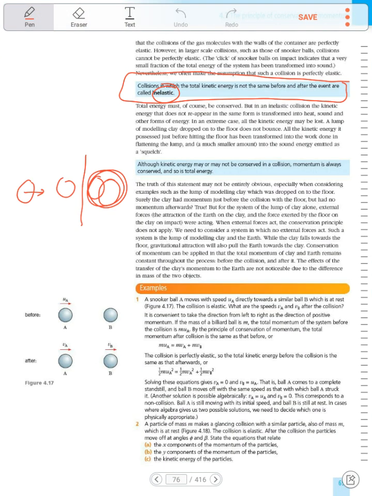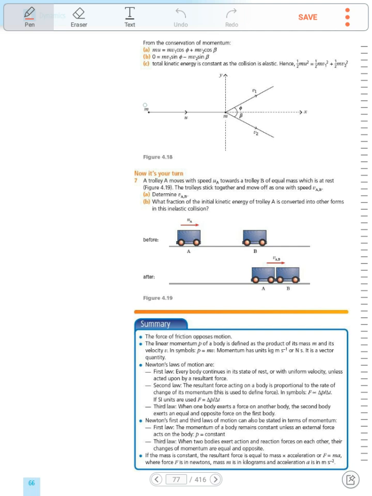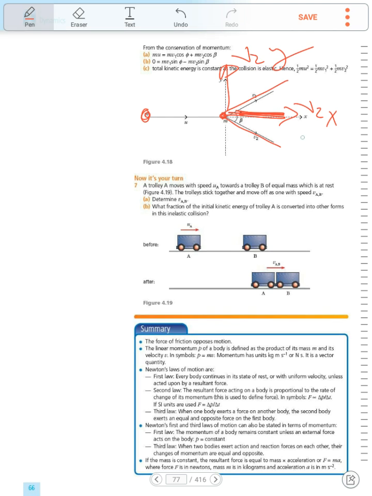Now, if object 1 collides with object 2 and after collision each object moves in a different direction, like this, we have to take the component of each speed. This is speed 2 x and speed 2 y. And here we have speed 1 y and speed 1 x. Okay?